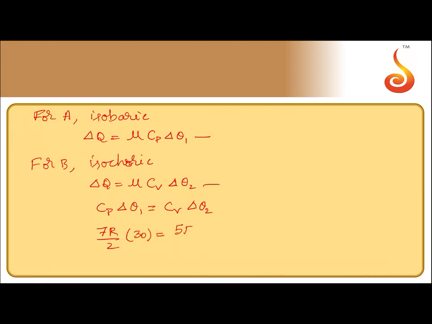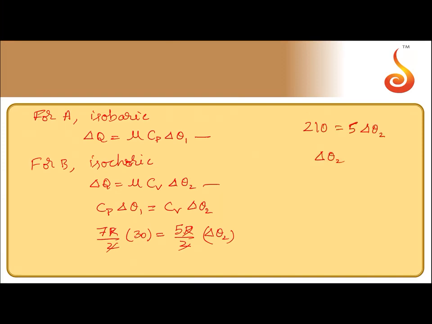Cv is 5R by 2, change in temperature we don't know, that is what we have to calculate. So the 2 gets cancelled, R gets cancelled, so we get 7 into 30, that is 210, equal to 5 delta theta 2.